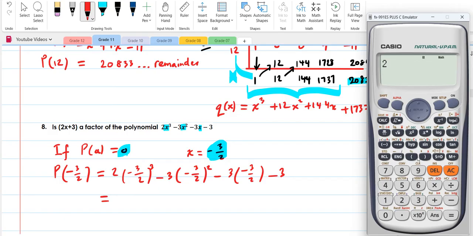So let's do it again. 2 into negative 3 over 2 to the power 3, minus 3 into, you can substitute 1.5 if you find that faster, minus 3 over 2 close bracket, make sure you close the bracket properly, squared. Yes, we're on the right track. Minus 3 into negative 3 over 2 and then subtract 3, and we get an answer of negative 12.